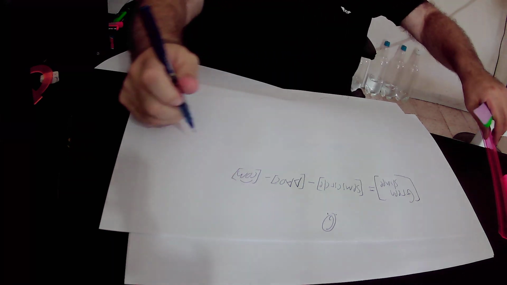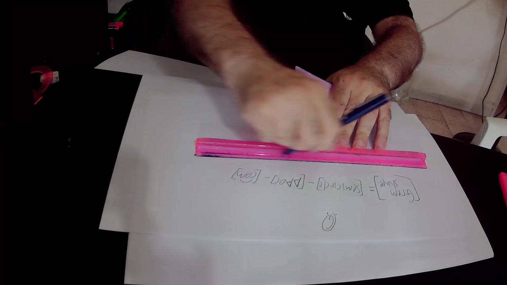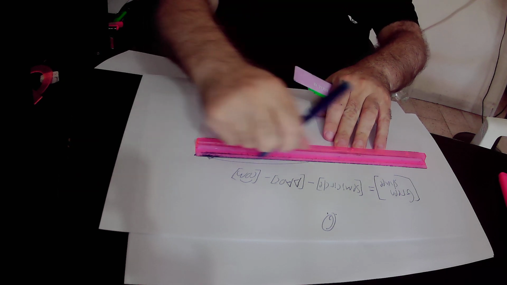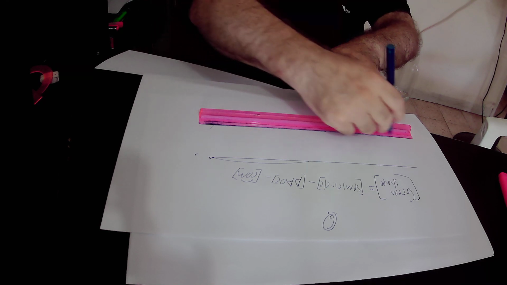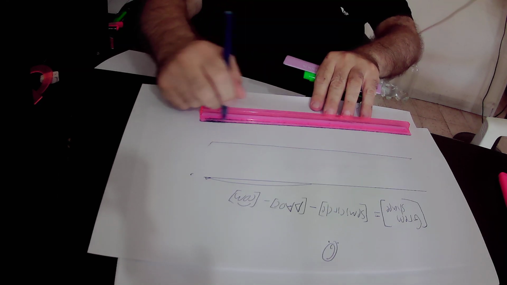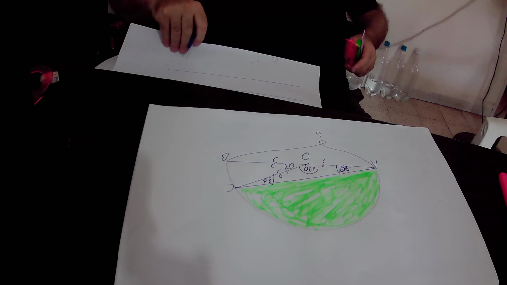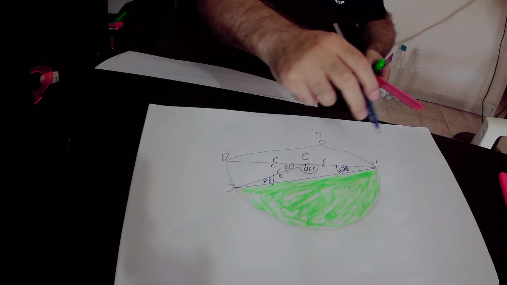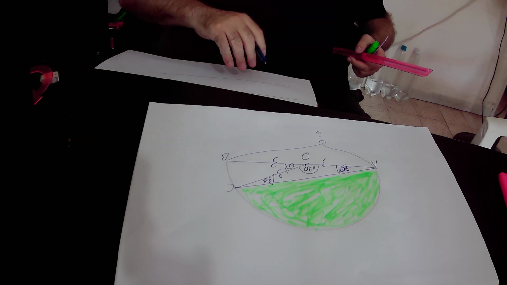Okay, repeat again. The area of the green shape equals the area of the semicircle minus the area of triangle AOC minus the area of sector COB.